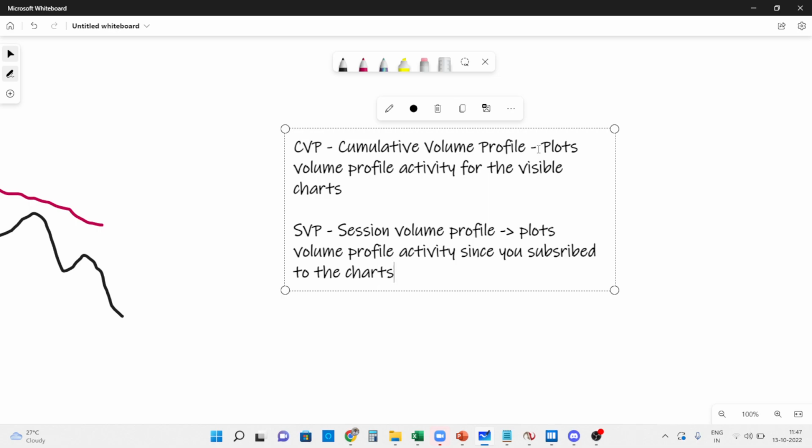It means if I'm having 10 days of activity, I'll get 10 days of volume profile. If your friend is subscribed only for 5 days of activity, your friend will be getting only 5 days of volume profile.